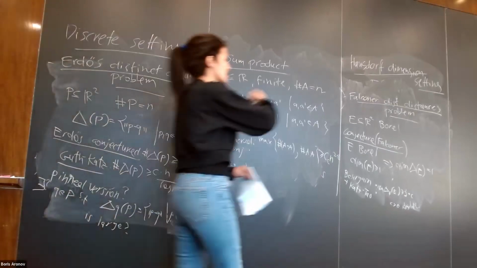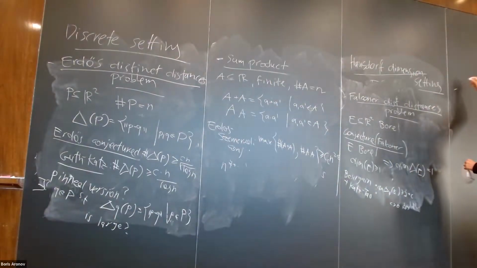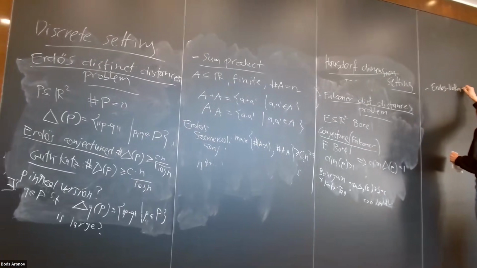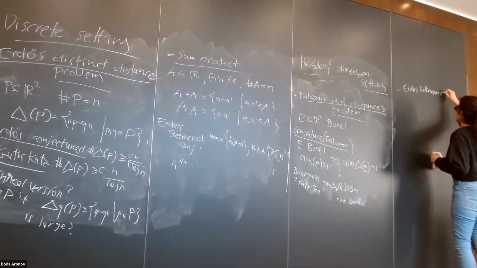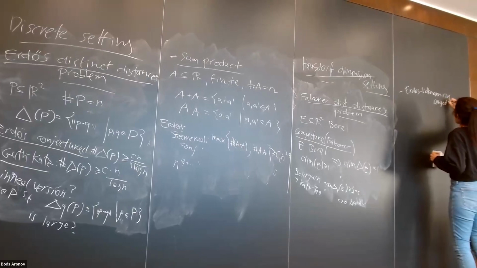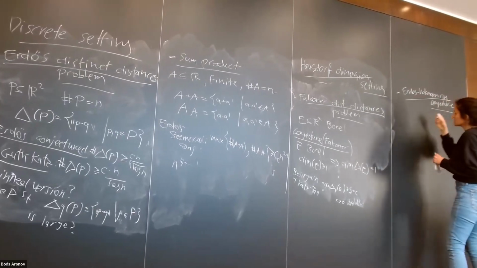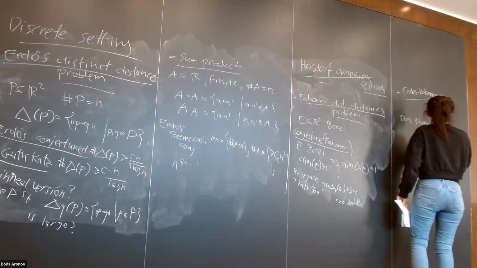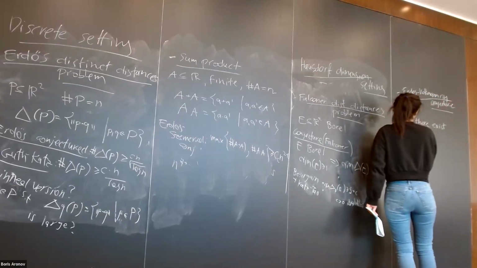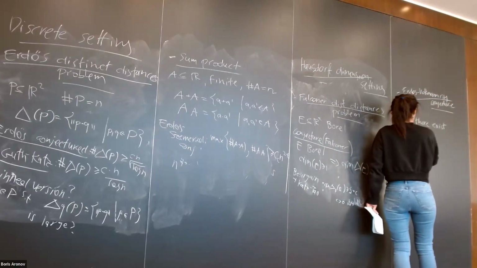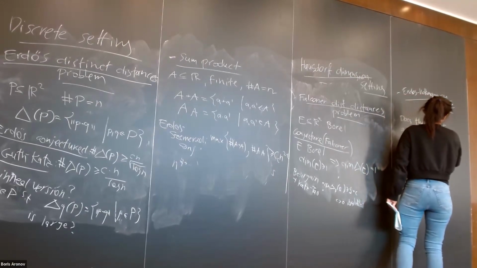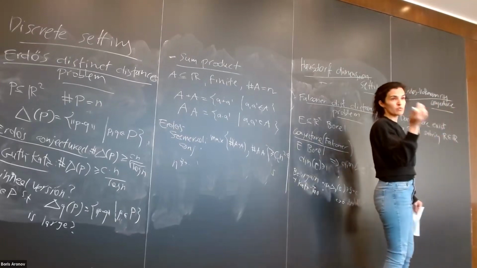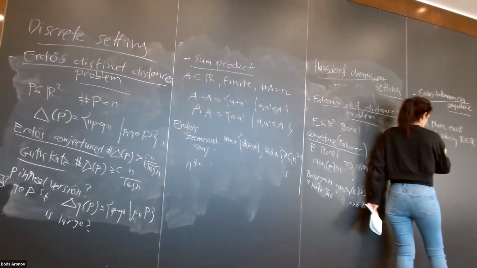So this is the problem in the discrete setting, and in the Hausdorff dimension setting, we have the ring conjecture. The question here is, does there exist a Borel subring of the real numbers of Hausdorff dimension strictly between 0 and 1?